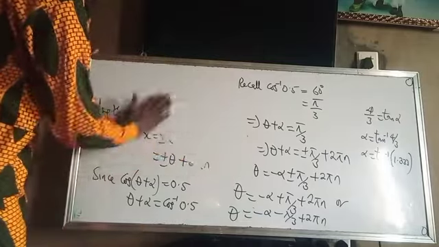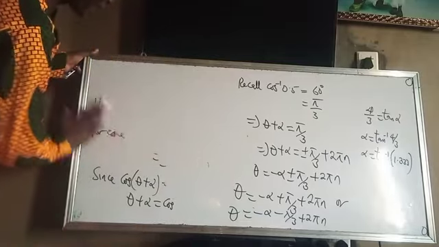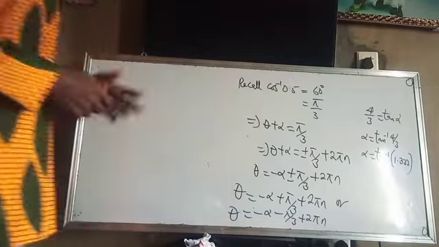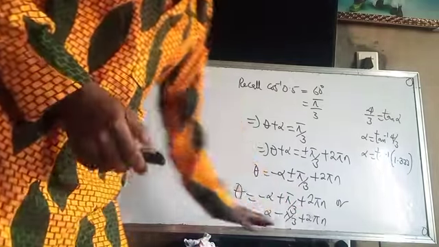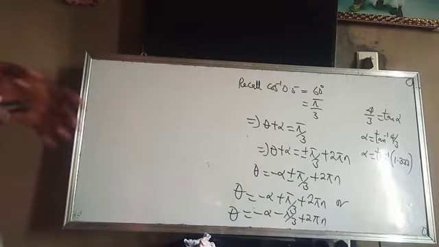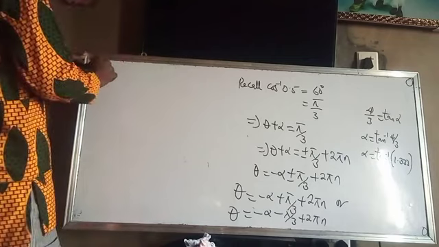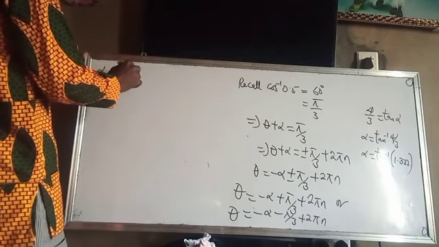Now, don't forget, we have to substitute for the value of our alpha so that we'll be able to complete. In some cases, the examiner might expect the answers to stop here, but in some cases, they might want to extend the answer. So we now look for the value of alpha in radians.